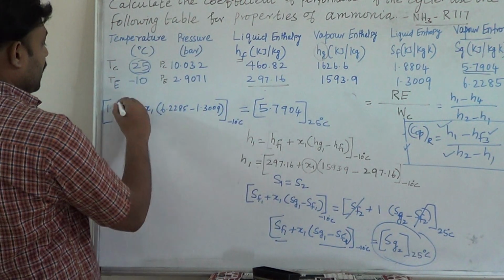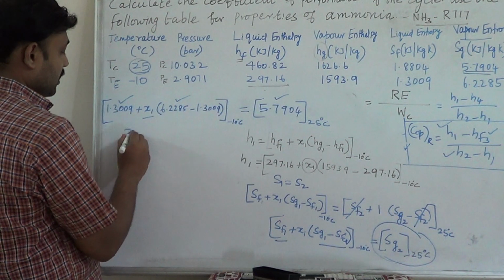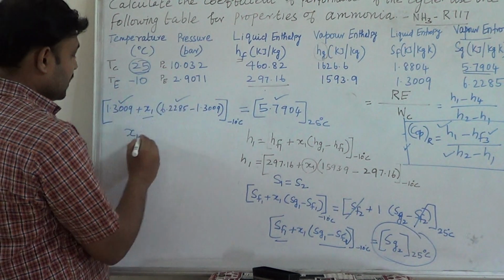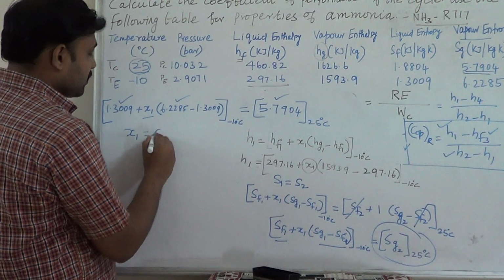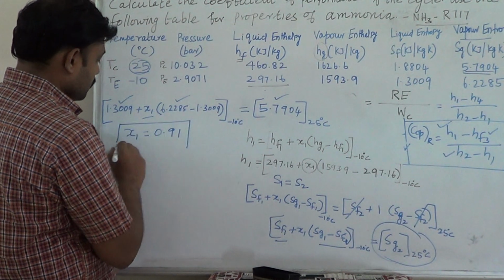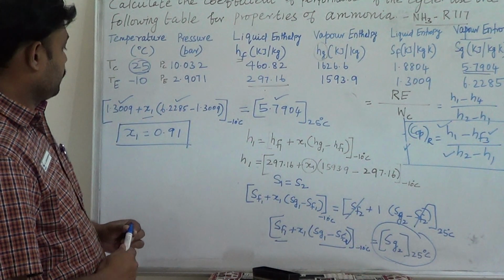So all the values are known to us except this x, so we can easily calculate x1. If you simplify this, you will have the dryness fraction value as 0.91. So we have calculated the quality of the refrigerant.